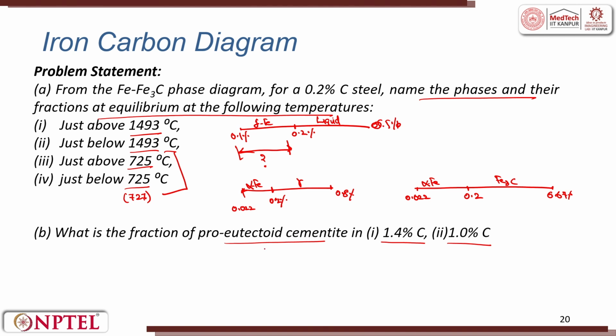So, what is the fraction of proeutectoid cementite at 1.4% and 1%? This also you can find using the lever rule, putting your percentage of interest, that is 1.4% here, between 0.8 and 6.67%, that is the eutectoid phase you are talking about.